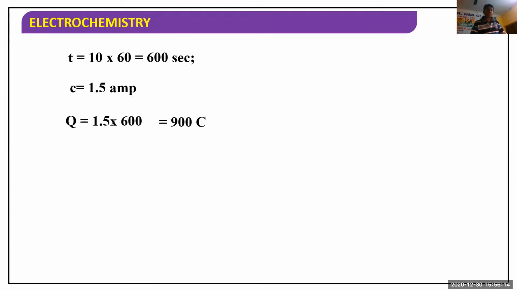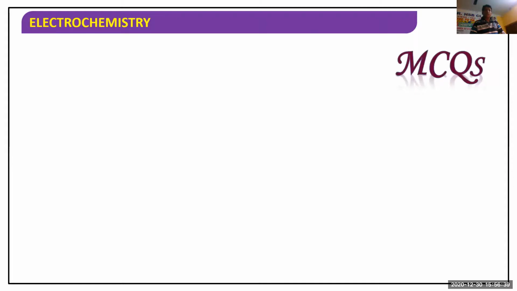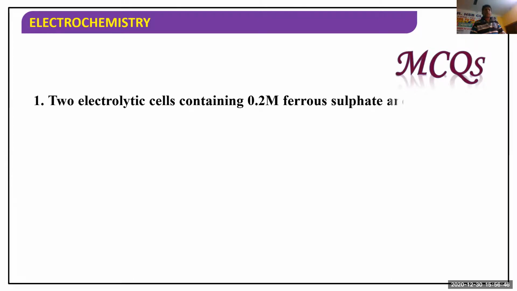And what will be the mass deposited on the cathode? That is mass M equals capital E into Q divided by 96500 coulomb. So this is the equation. So the value will be 0.29 gram.